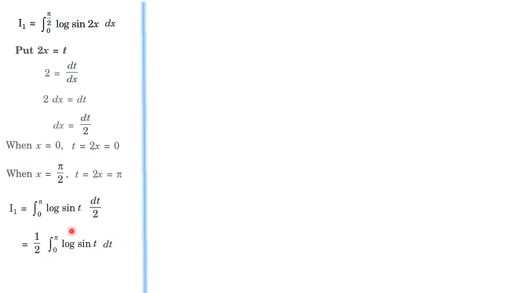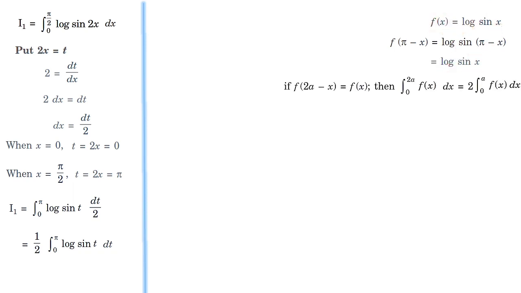Now this one again we are going to apply a property. As we know that sine is there, the f of 2a minus x property we can use. So f of x is equal to log sin x, then f of pi minus x. If you calculate log sin of pi minus x, previously we have done it in the same question itself, that is equal to log sin x. Log sin x means f of x, so f of pi minus x is equal to f of x.